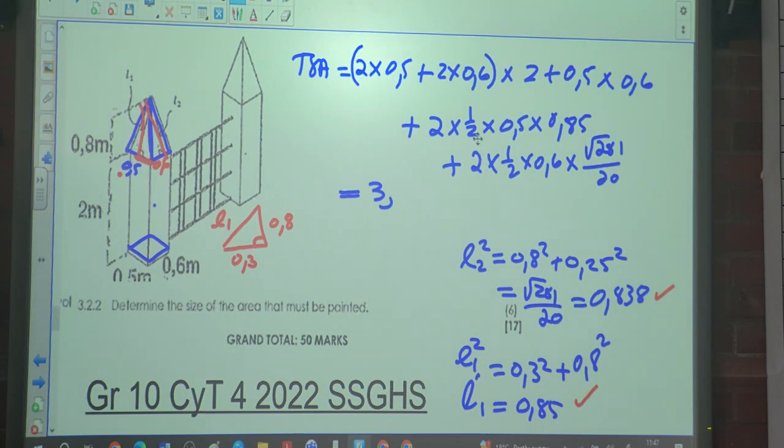So it's going to be a half, 0.5 times L1, 0.85, which I'm getting there, times 2, because I had the one at the back as well. Then it's going to be 2 times a half. Now in this third triangle here, it's going to be a half, base which is 0.6 times your height, which is of course the root of 281 over 20. Alright, so that's that.